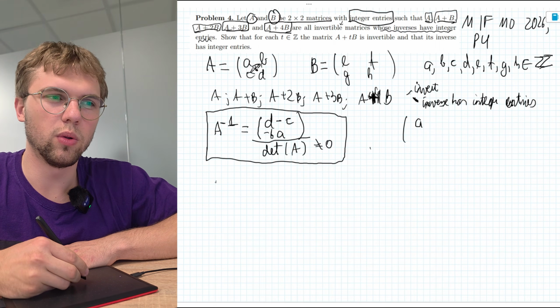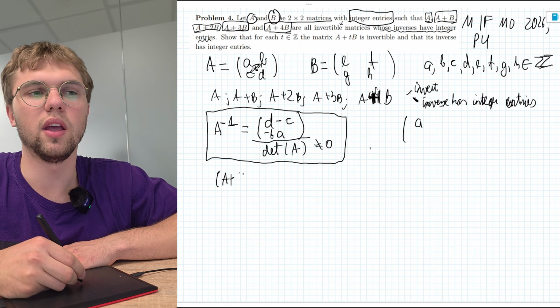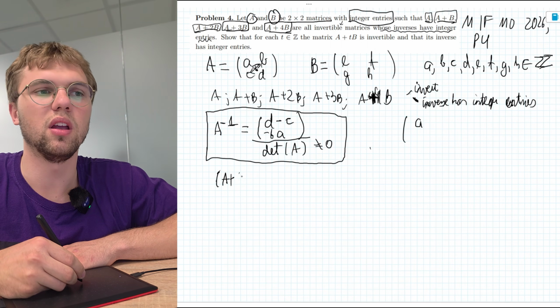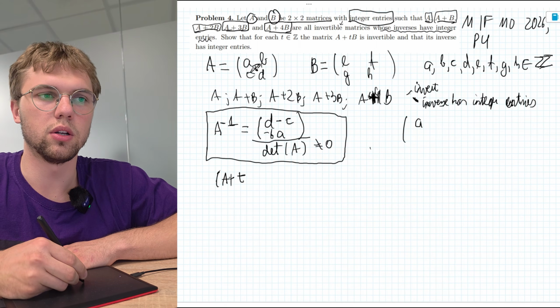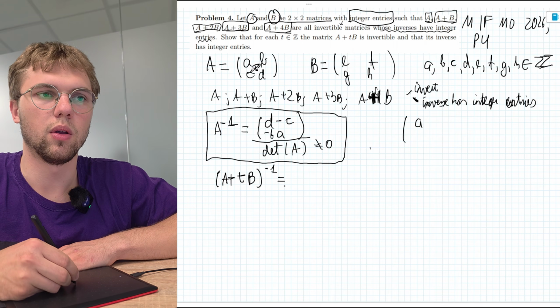So we know that the same formula would hold for A plus B, A plus 2B, A plus 3B, A plus 4B, and in general, A plus tB inverse would be what?